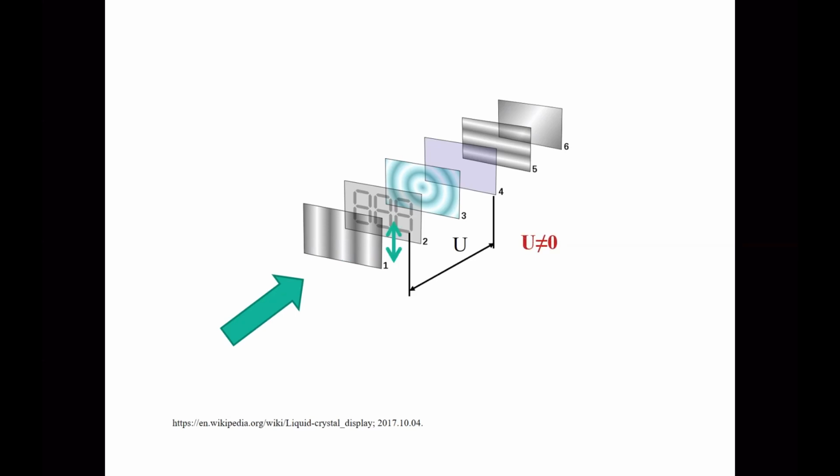Now we provide the voltage. With the voltage, the electrical field here influences this polarization, and we try to keep by this voltage the polarization in this direction. This means no more circulating polarization.